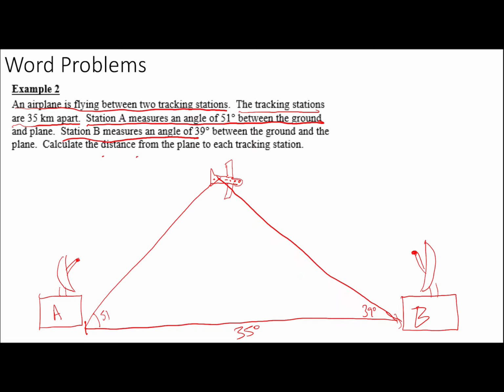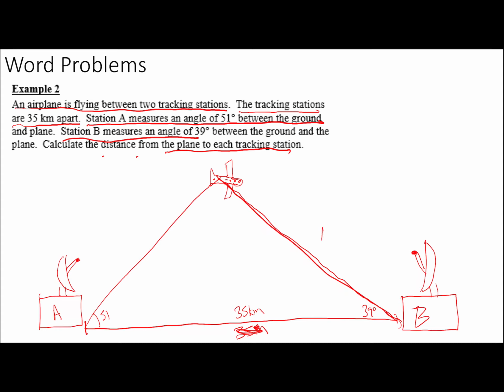Let's call that station B. Calculate the distance from the plane to each tracking station. Oh, this is not 35 degrees. This is 35 kilometers. So we're going to have to find out what the distance is between this distance.